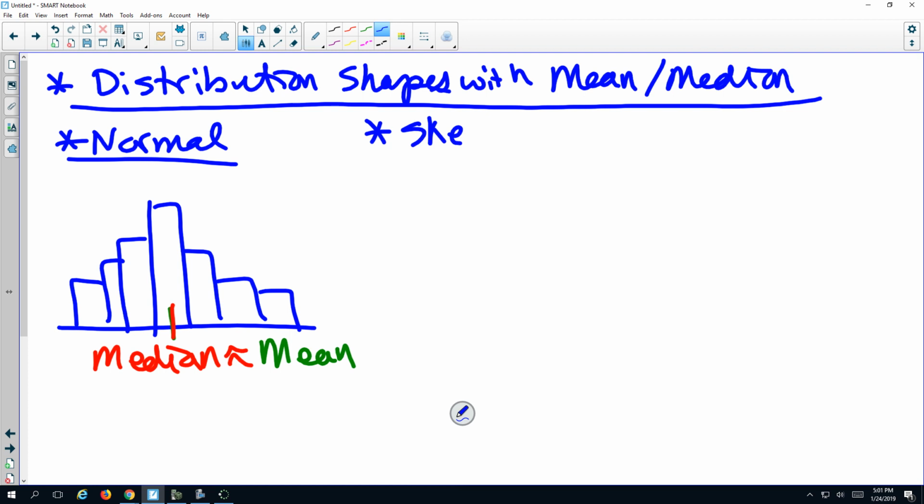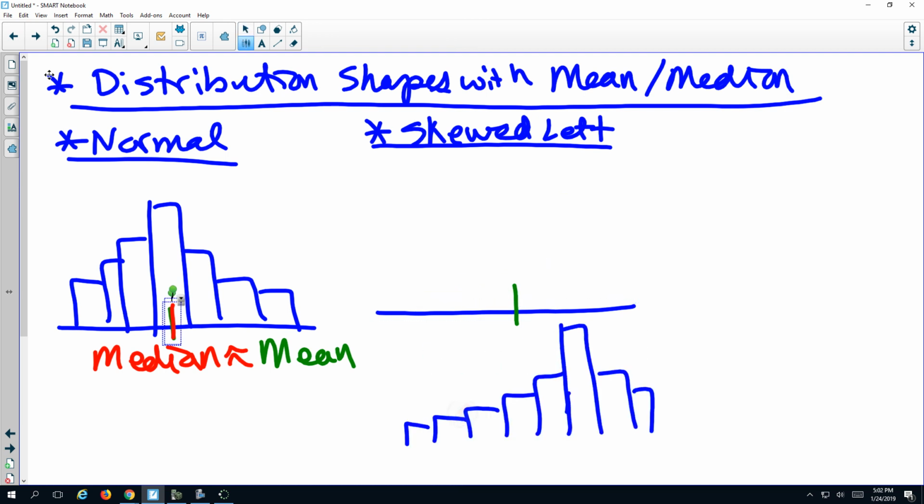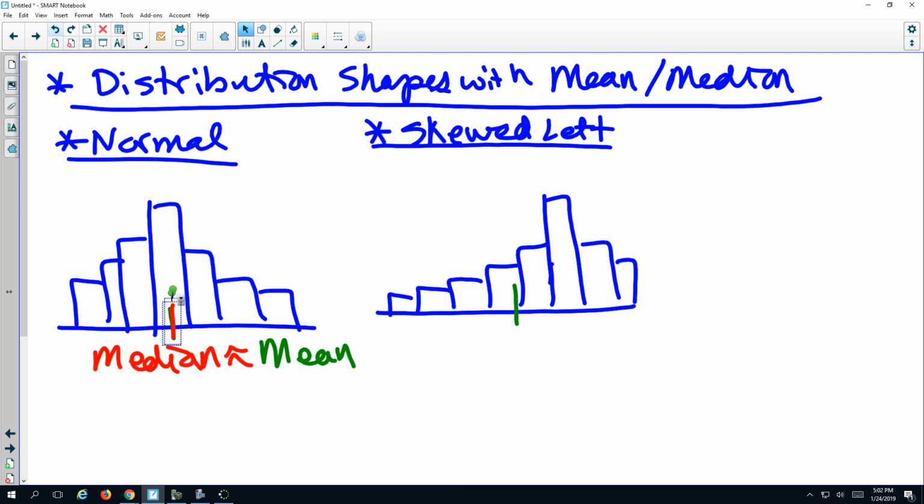If it's skewed to the left, those really, really small values, even though they're not very frequent, they're going to pull the mean to the left. So maybe my mean is here, my median is here. Man, I'm messing that up. My red's not working very well.